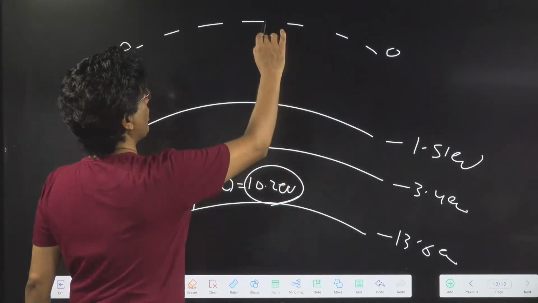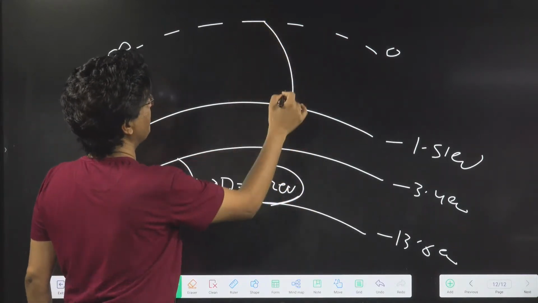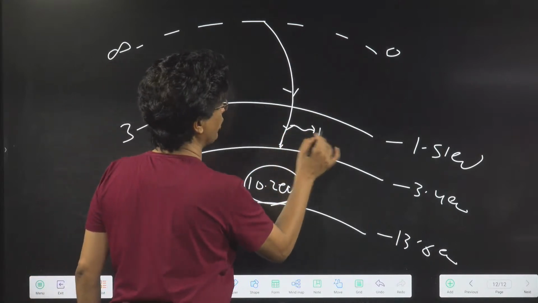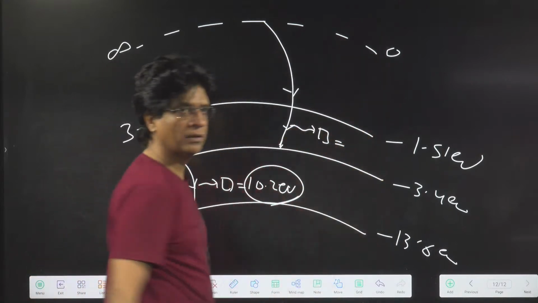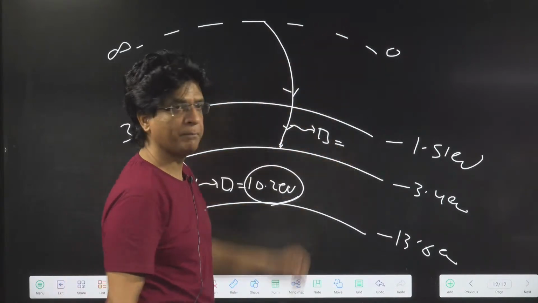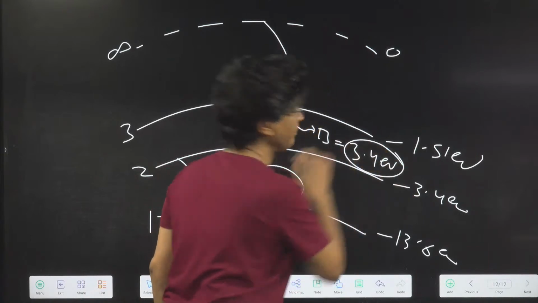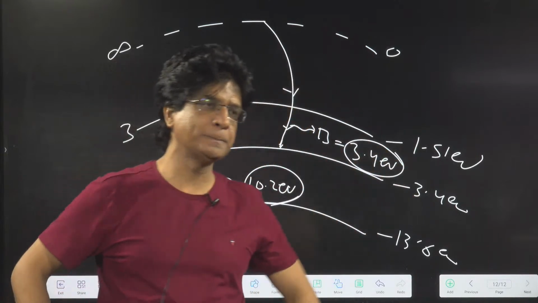But if an electron falls from orbit number infinity to orbit number 2, it will also emit a photon. The maximum energy possible is 3.4 electron volt. Yes or no?